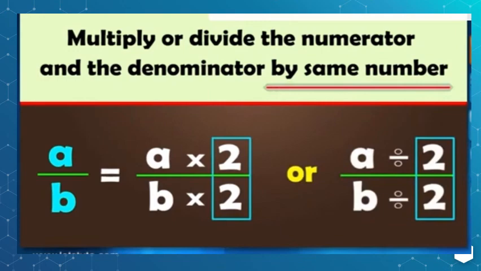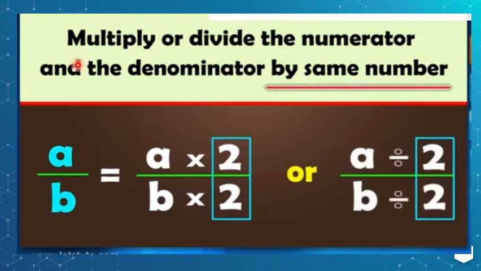We can make an equivalent fraction by multiplying or dividing the numerator and the denominator by the same number. For example, if a by b is the fraction, and we multiply a by b by the same number, we will get an equivalent fraction. Similarly, if we divide a by b by the same number, we also get an equivalent fraction.